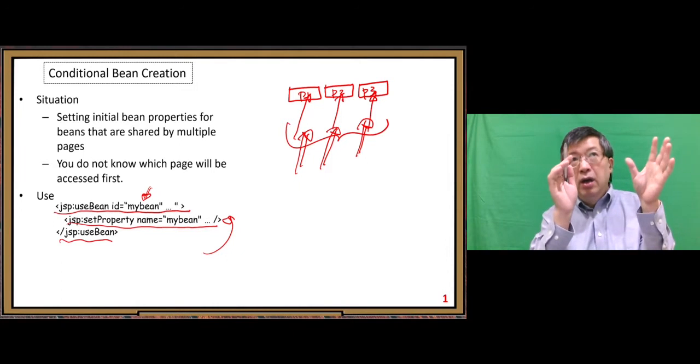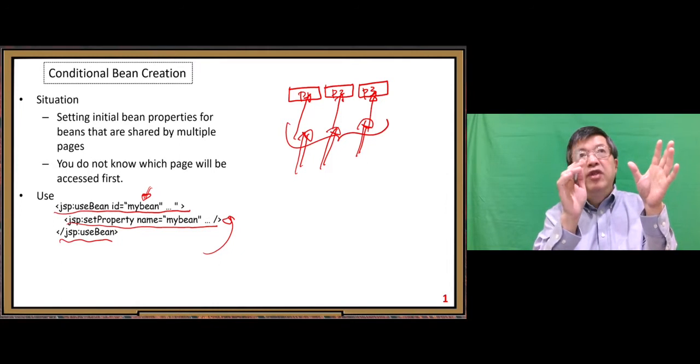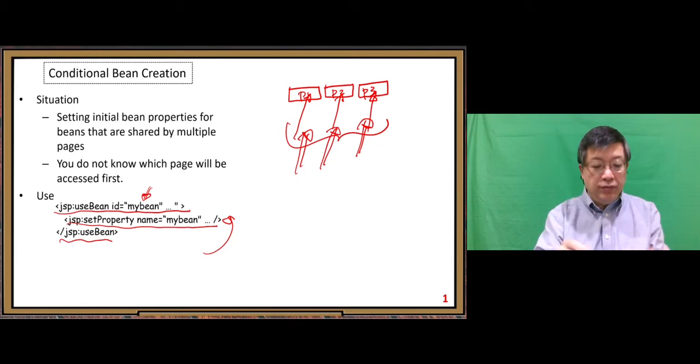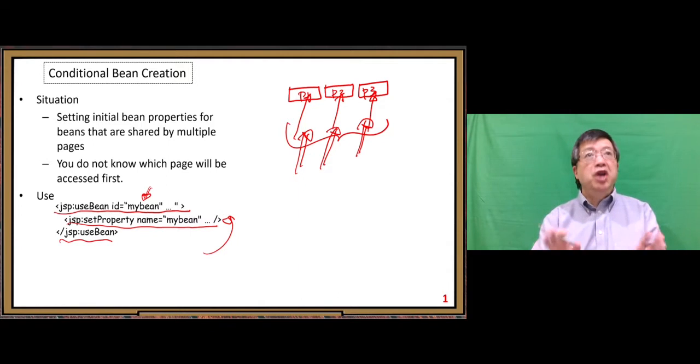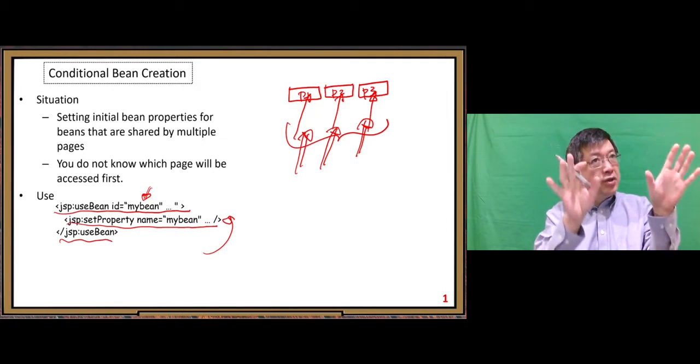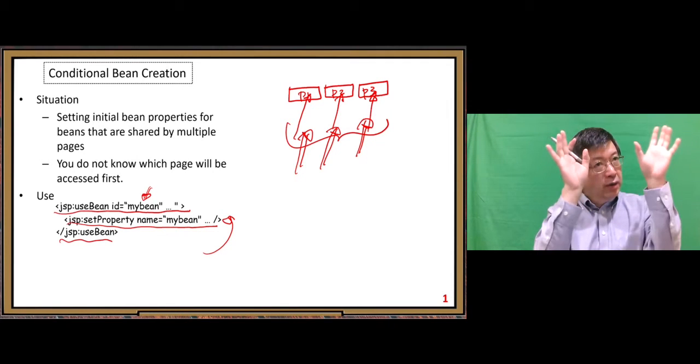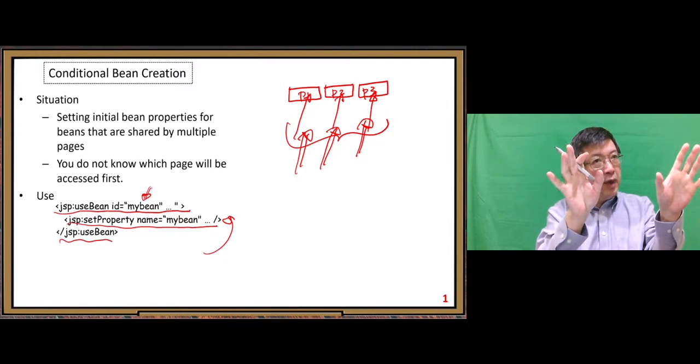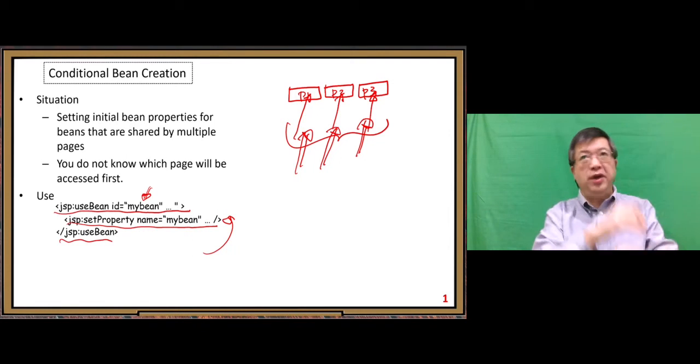But if the bean already exists, don't change its current properties, because the properties are already set. It already has the existing properties, and we just use them.